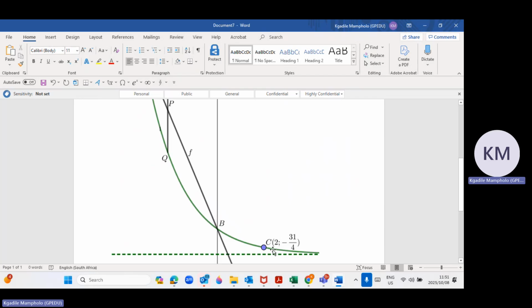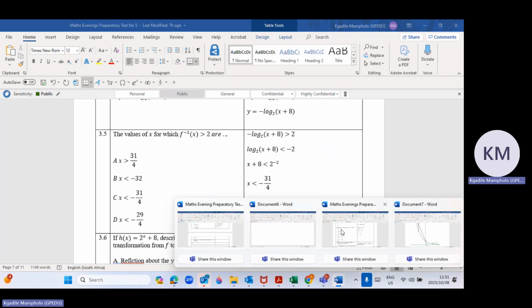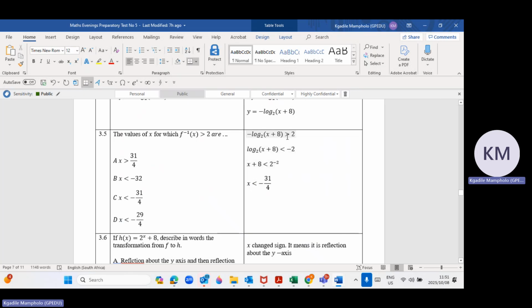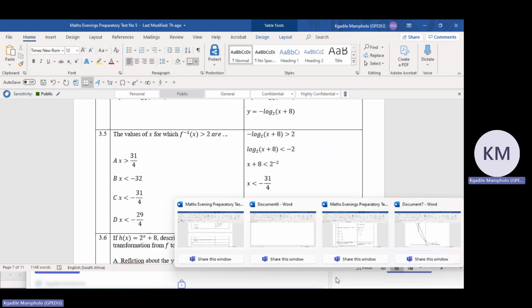But first you say, okay, let's look at this. If the graph is below negative 31/4, where does the graph go? Because we were saying where the graph is, let me just go back to the statement here. You say where the graph is greater than 2.